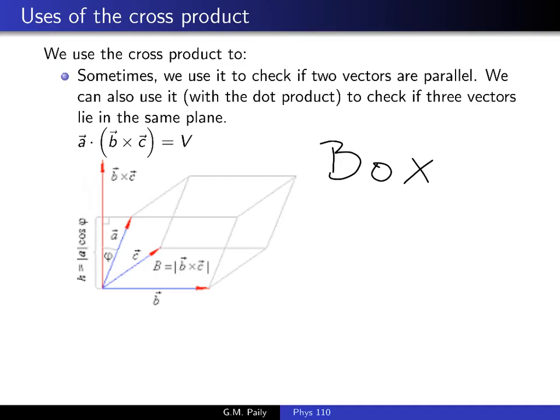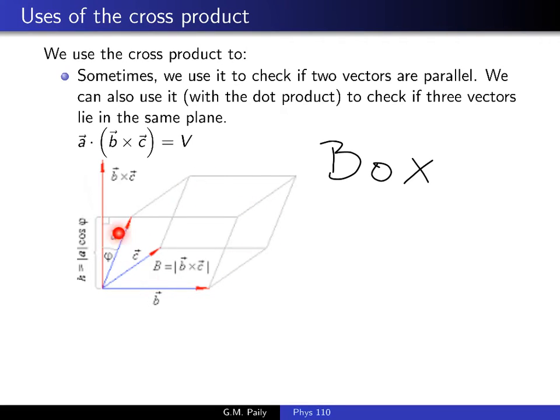The reason for this name is if you look at those three vectors, A, B, and C, just like we could construct a parallelogram with two vectors, we can construct a box using these three vectors. We just repeat them a few different times and construct a box.